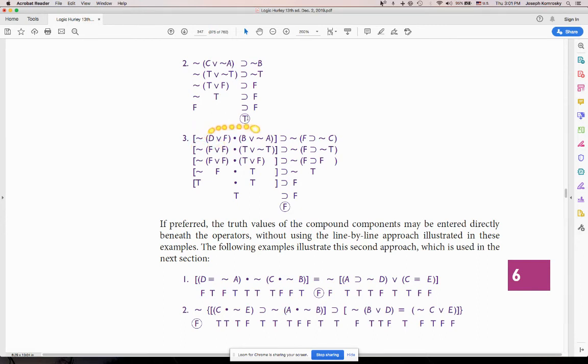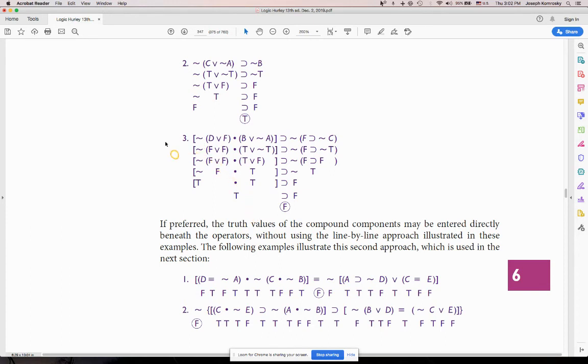Then whatever you get for these two, which is down here, let's say we get that far, then you have to negate this. Wow. Done with the parentheses, and I get my T, right? Over here, I have to do whatever's in the parentheses first, right? I do all that mumbo jumbo, get my true, then I negate it. The very last step is this horseshoe the whole time. It's the very last thing you do. So it's called the main operator. How do I get there?